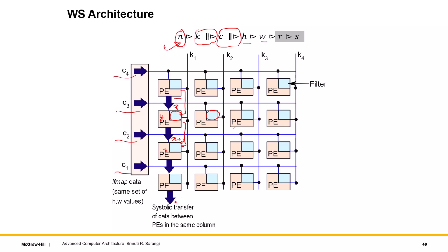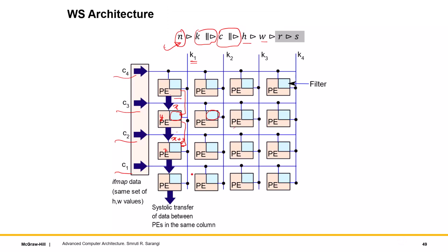So the final answer would basically be the value of the first OFMap, K1. Similar would happen for K2. Of course, every local buffer over here would store the filter corresponding to the unique input output pair. So in this case, it is C3 and K2. That is the unique input output pair for which the filter is being stored.